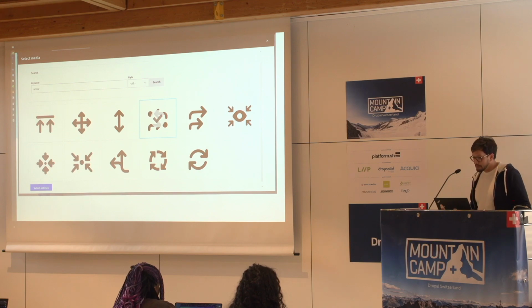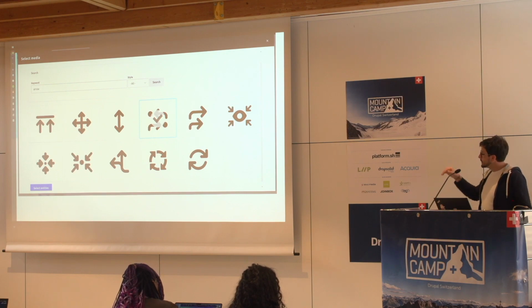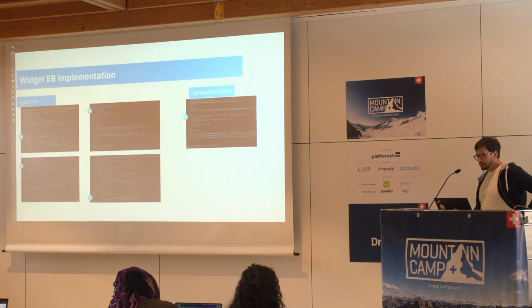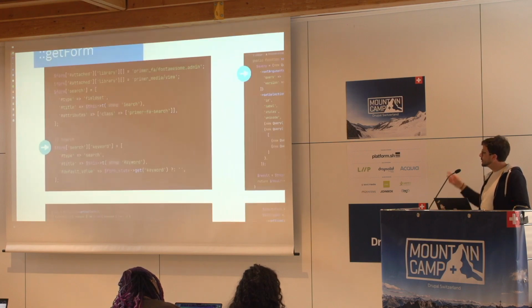Similar to Pexels, the Font Awesome widget only has a few components, even less than Pexels, just the search and the style, and then the results. And you can see it's quite similar to Pexels. Looking at the implementation, again, in the get form, we follow similar logic.